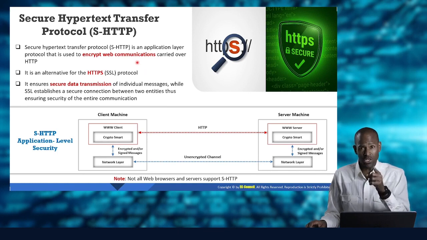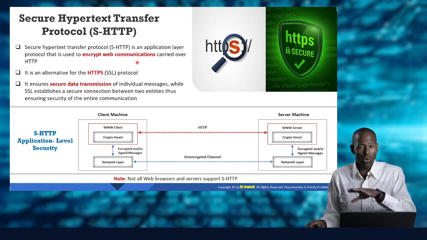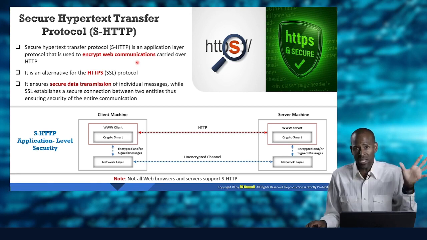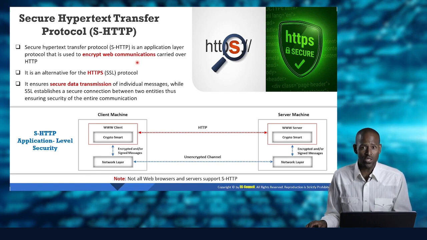There were two major players back in the wars between SHTTP and HTTPS, and those were Netscape and Microsoft. And they both chose HTTPS. And so SHTTP went the way of the dinosaurs very, very quickly.